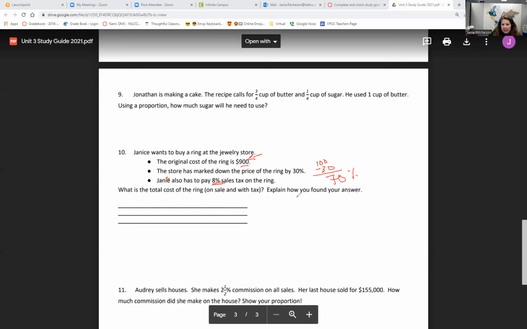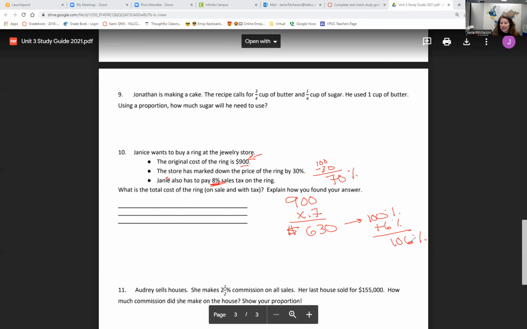So first thing we're going to do is find 70% of 900. So 900 times 0.7. So the sale price of the ring is $630. So that's the sell price. Now we have to find out what is 8% of this. So if 630 is now 100% of what we're going to pay plus 6%, we want to know what is 106% of $630.